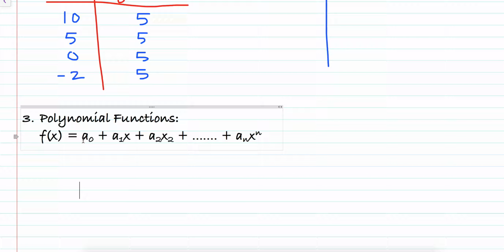So here we have a polynomial function, and its a0 is some constant. These a0, a1, a2, these are all constants, some numbers. And sorry, this should be in the superscript. And we have different powers of x.